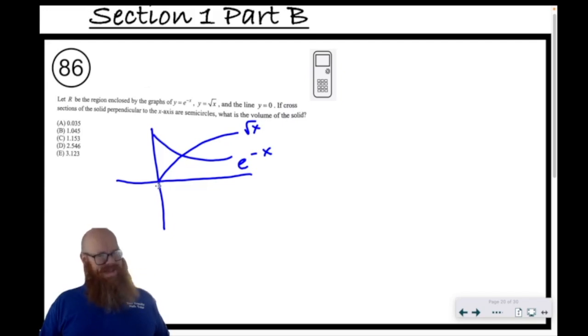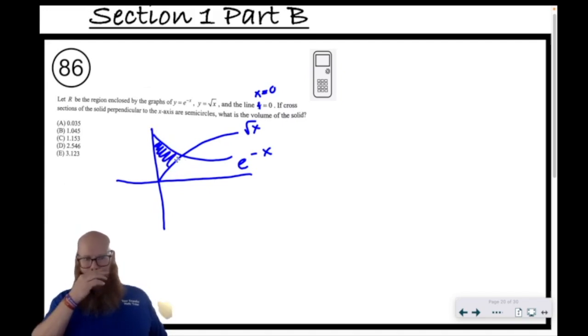I think this is supposed to be x equals 0. I think that's a typo, because they definitely want it to be this area over here. So this is x equals 0. Y equals 0 is the x-axis, and that really wouldn't make sense. So let's make that correction.